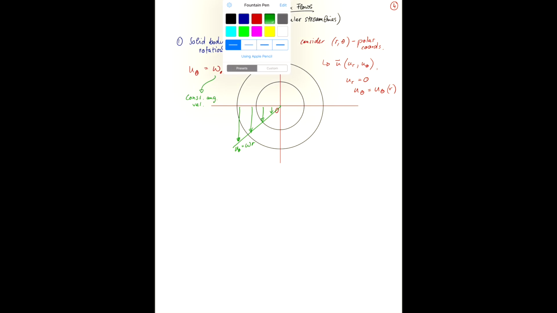Now let's consider one fluid element, A, B, C, D, and we'll think about how that deforms and changes.